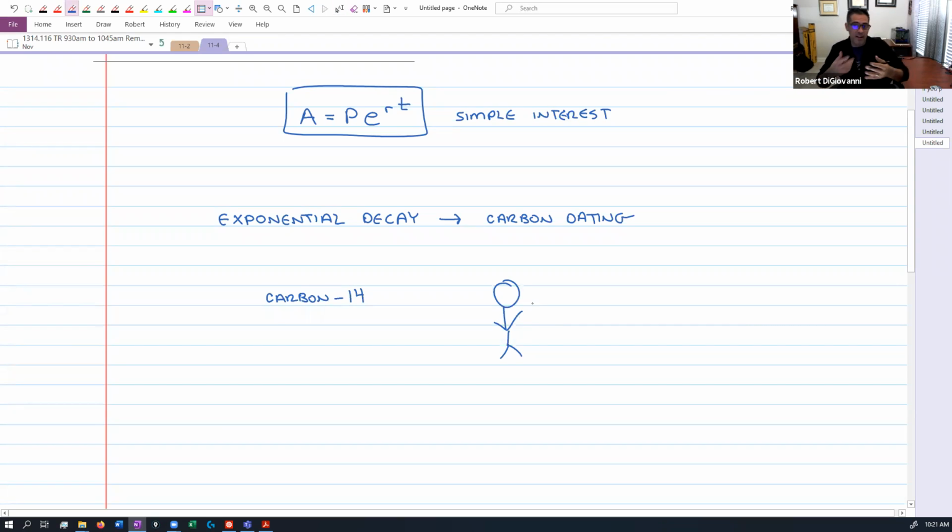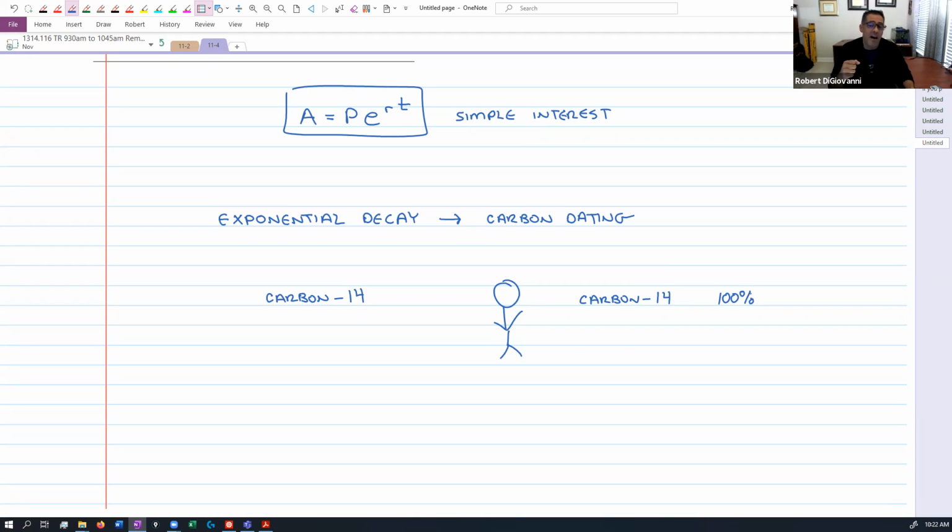If you were to take a biopsy of my bone, you could measure the amount of carbon-14 that I have. Right now, because I'm alive, I have 100% of it because my body creates carbon-14 through sunlight and other things. We won't get into that, but I've got my carbon-14.